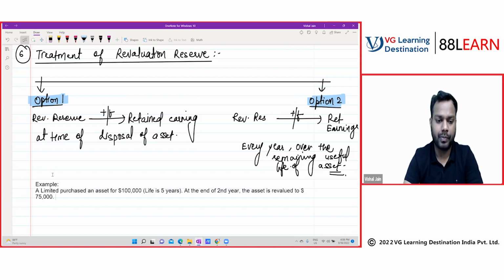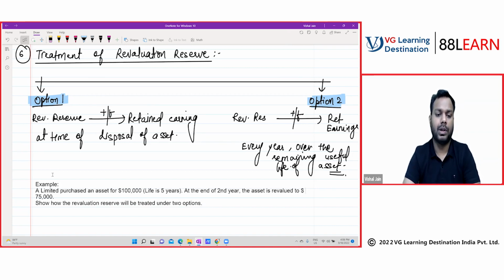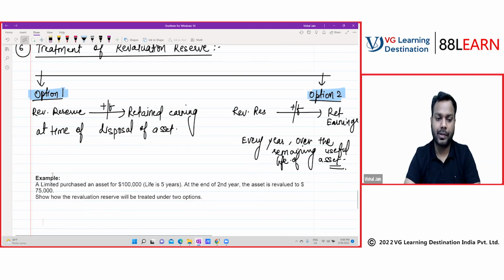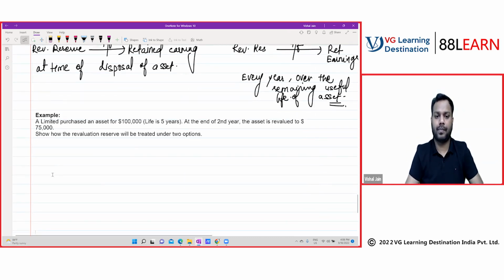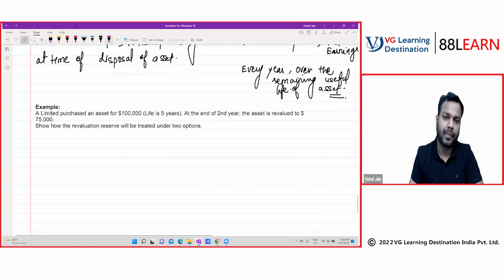Now, how will the revaluation reserve be treated under the two options? Have you understood the question, guys? Now, let us discuss that.